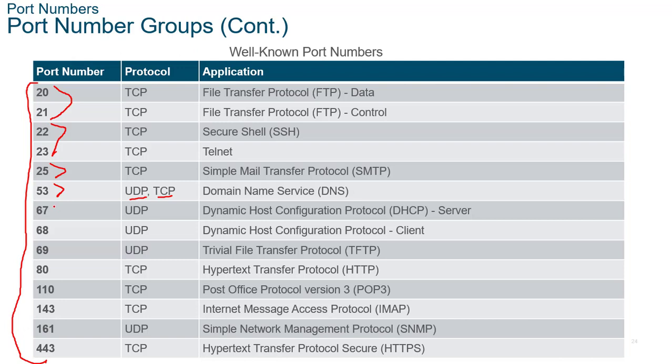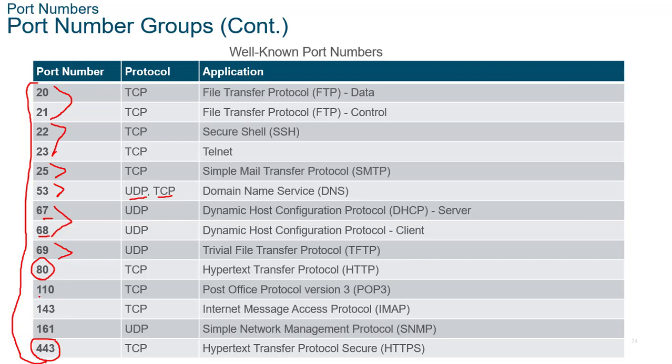The Dynamic Host Configuration Protocol for assigning IP information on the network uses port 68 on the client side and 67 on the server side. The Trivial File Transfer Protocol, TFTP, uses port 69. The World Wide Web protocol, HTTP, utilizes port 80, and the secure version of it uses port 443.